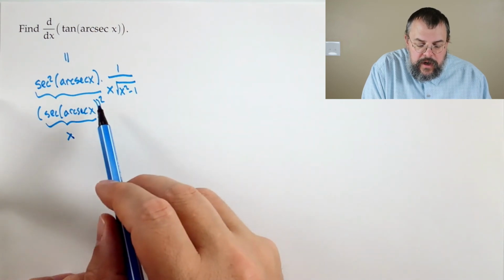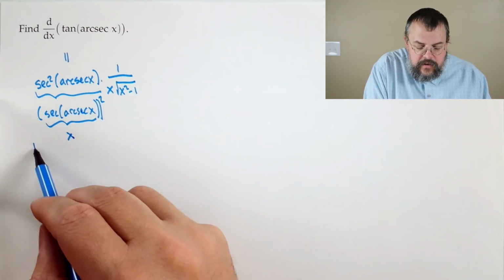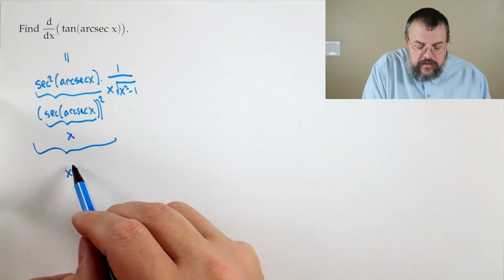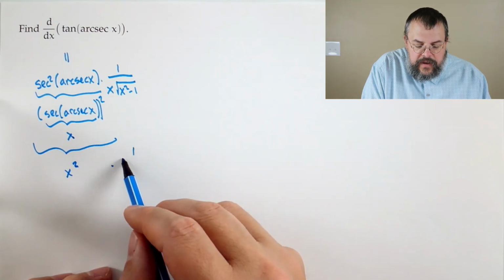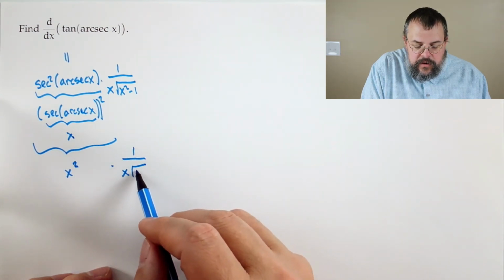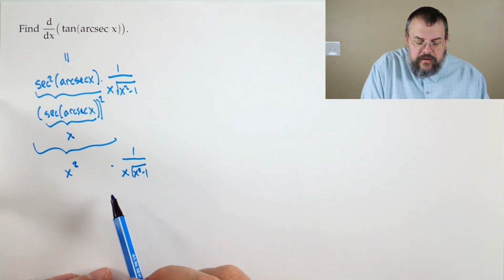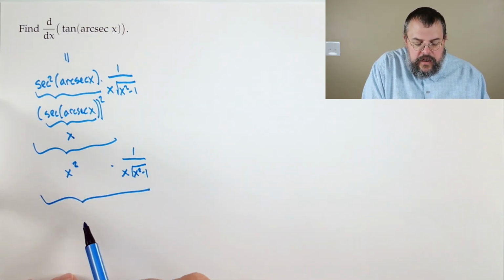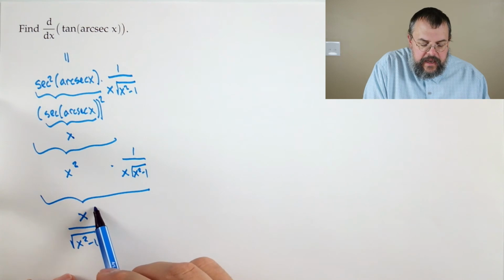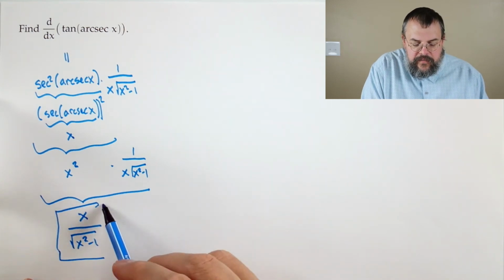And so it's squared. So really this whole first part is x squared. And then we still have that second part, x square root of x squared minus 1. And then we say, hey, wait, the x's can cancel. And therefore, we have x divided by the square root of x squared minus 1. Okay, so that's the answer.